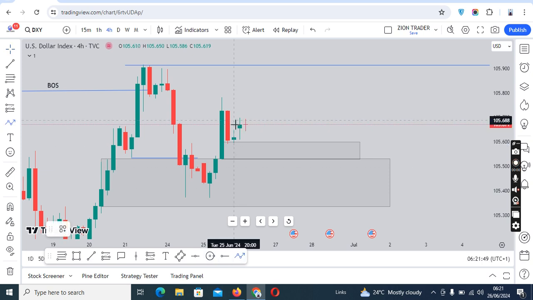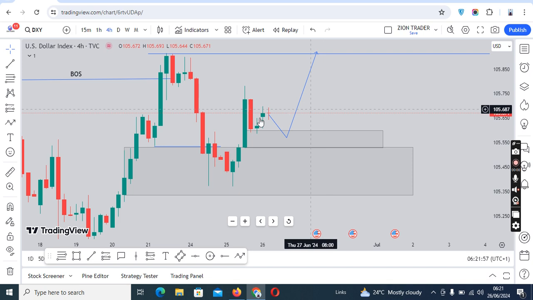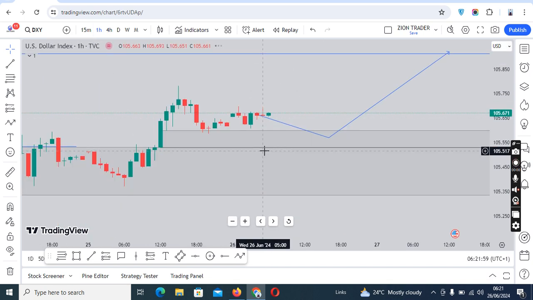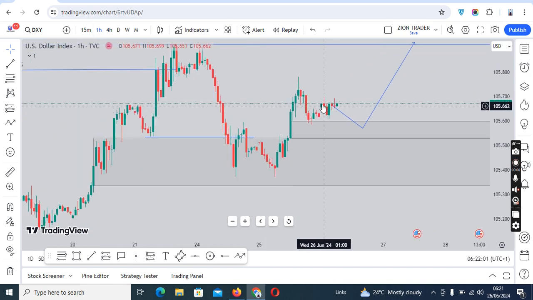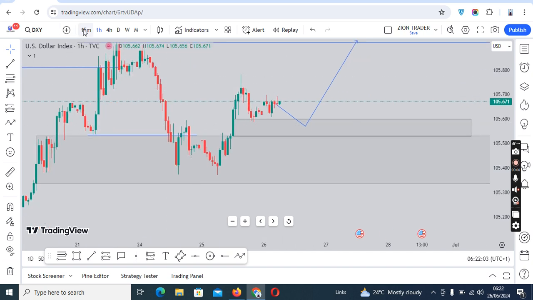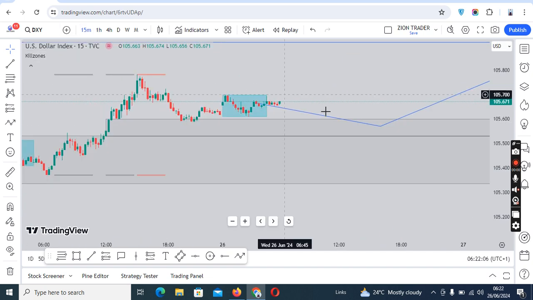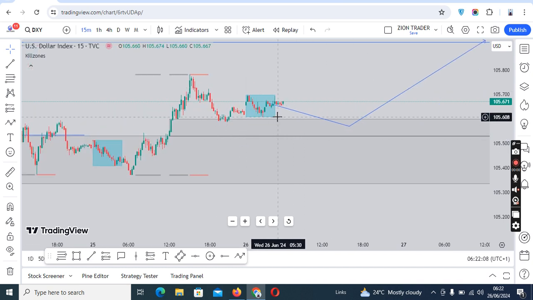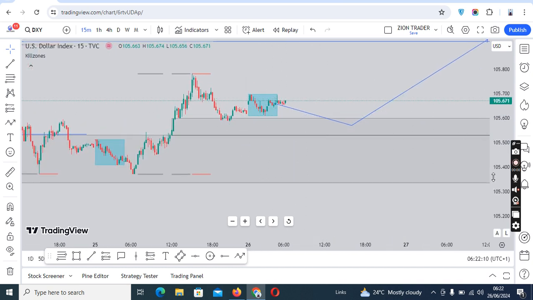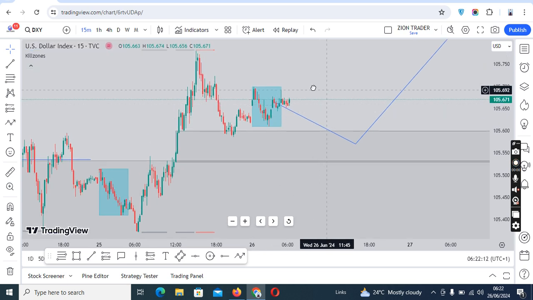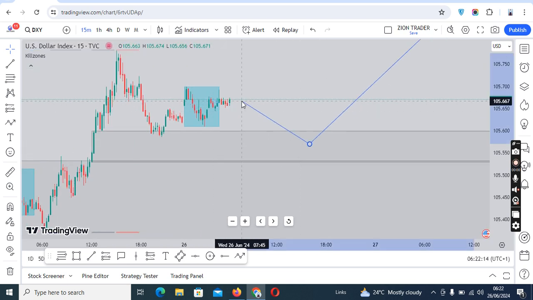But if this is not done, let's say price takes out the Asia low and trades into this 4-hour fair value gap, then I'll look for possible longs around this level. Are you getting it, guys? So it should be that price takes out the Asia low. You can see the Asia low is done, and we are out of the Asia session right now.